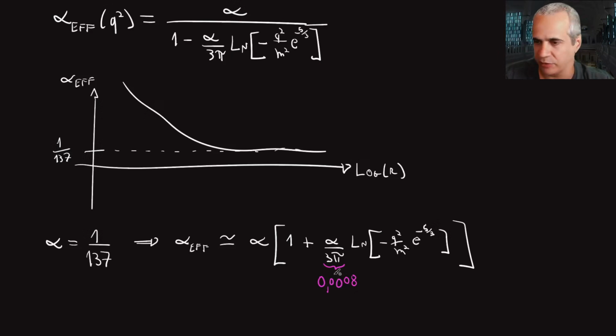And since the momentum is inside our log, this is really difficult, right? You see why people never noticed the running, the change of this effective interaction as they changed energies in this limit, because you have to change the momentum a lot.